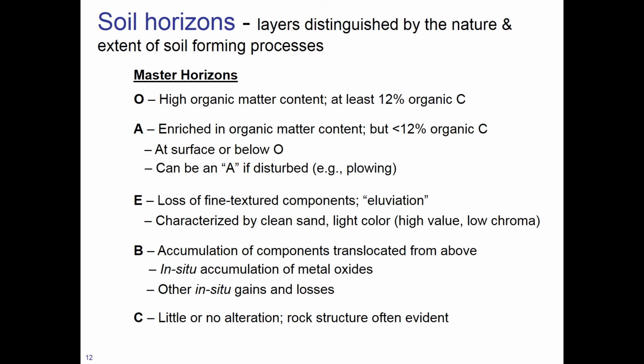And a C horizon is one where there is little or no alteration beyond the disintegration of rock, if you have rock present, and rock structure is still evident in more than half the volume, or sedimentary structure could also be evident. And if you reach hard rock, then you would designate that as an R.